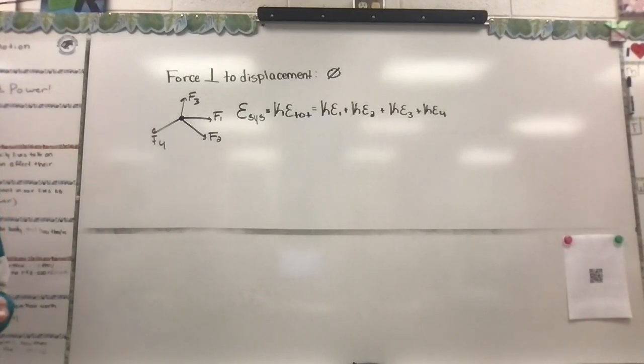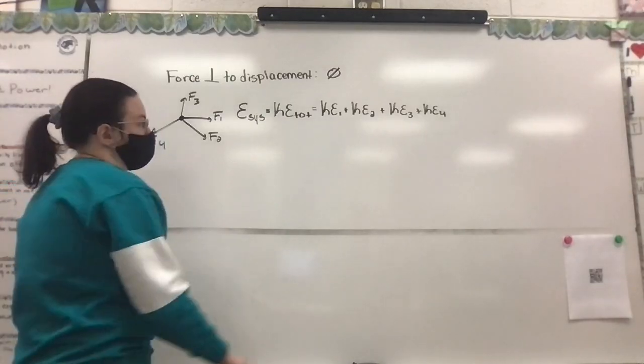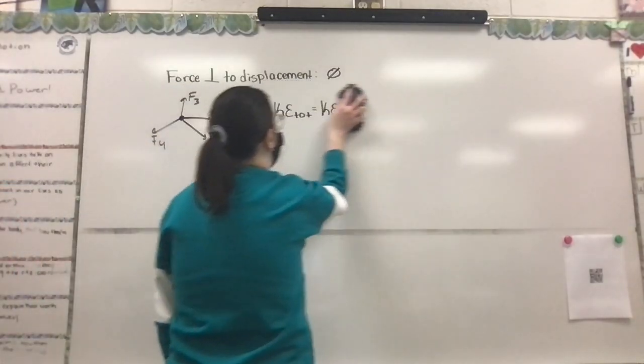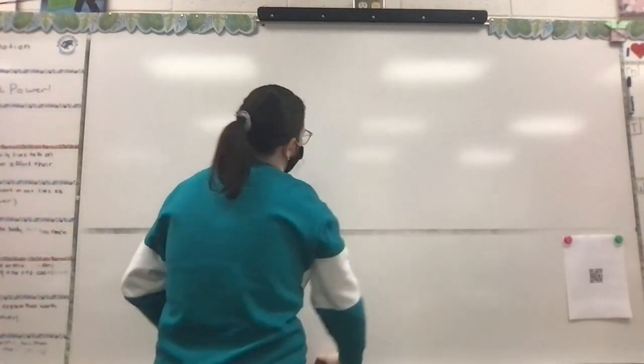So that change in kinetic energy is going to be the total work of the system. So you have to add all your forces together. So kinetic energy 1 plus 2 plus 3.